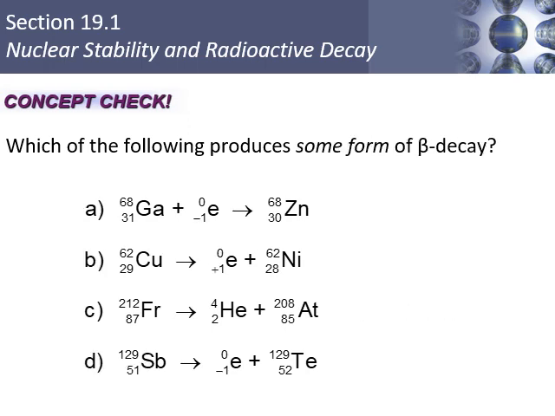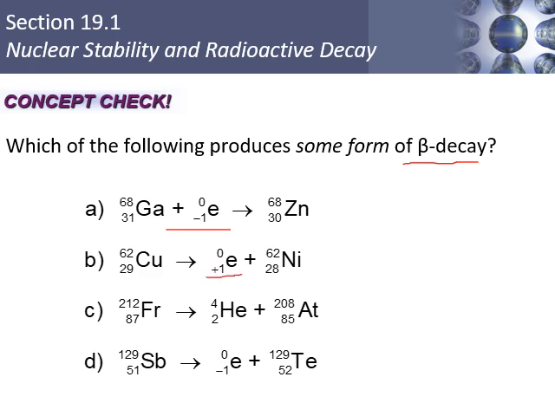Okay. Another concept check. Which of the following produces some form of beta decay? In this one, you don't have to have beta minus. You can have electron capture or beta plus. So let's go through these. Look at it for a second. If you want to pause it, you can. This is electron capture, right? So A is electron capture, but that is a form of beta decay, even though it doesn't have beta in the name. B, what's happening here? We're producing a positron, right?